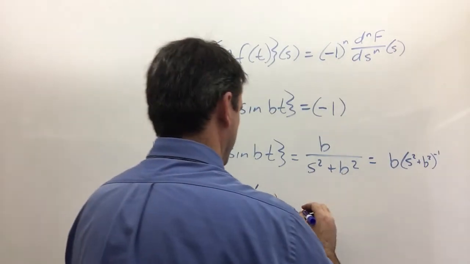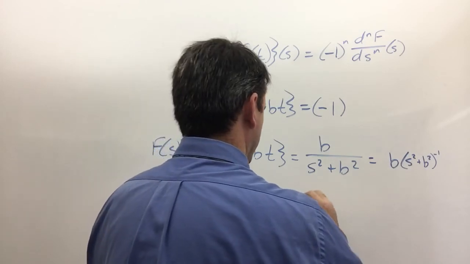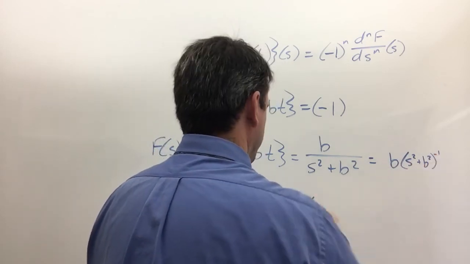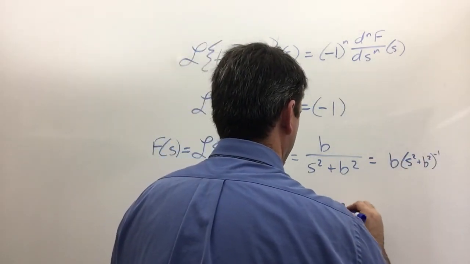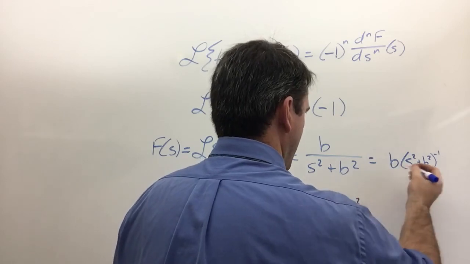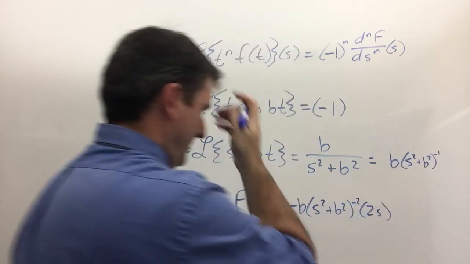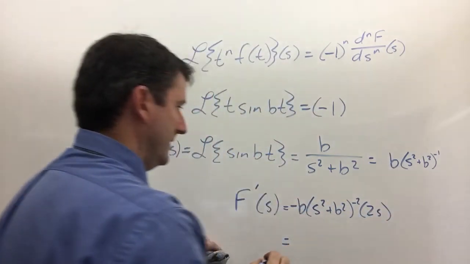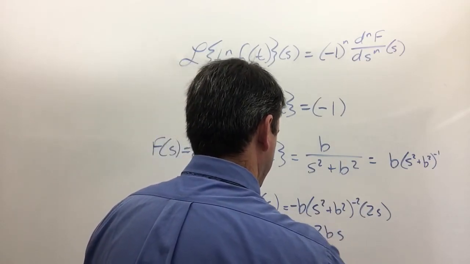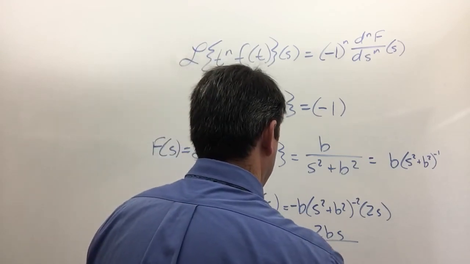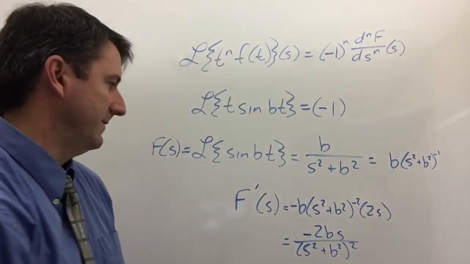So the derivative of this is going to be, b, remember, is just a constant. So it's going to be b times negative 1, because we'll bring down that exponent, times (s squared plus b squared) to the negative 2, times the derivative of the inside, which is 2s. So that is negative 2bs divided by (s squared plus b squared) quantity squared.